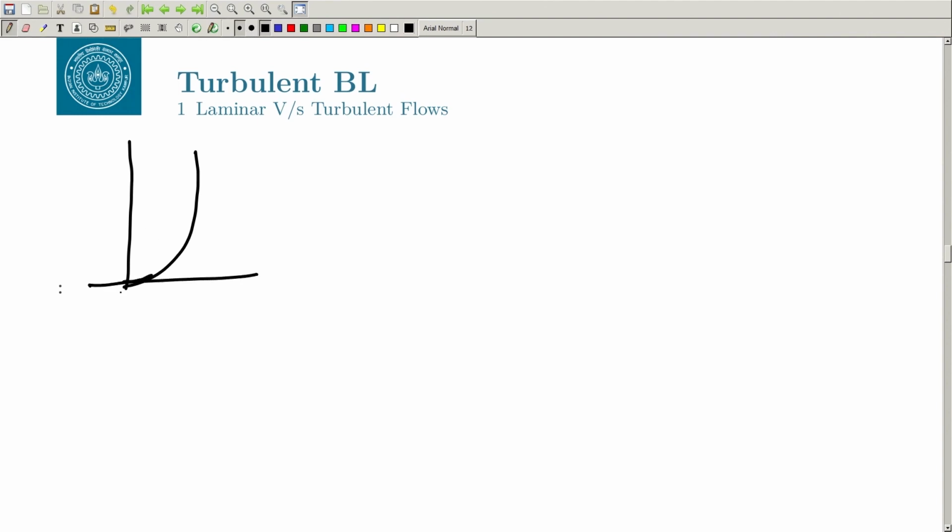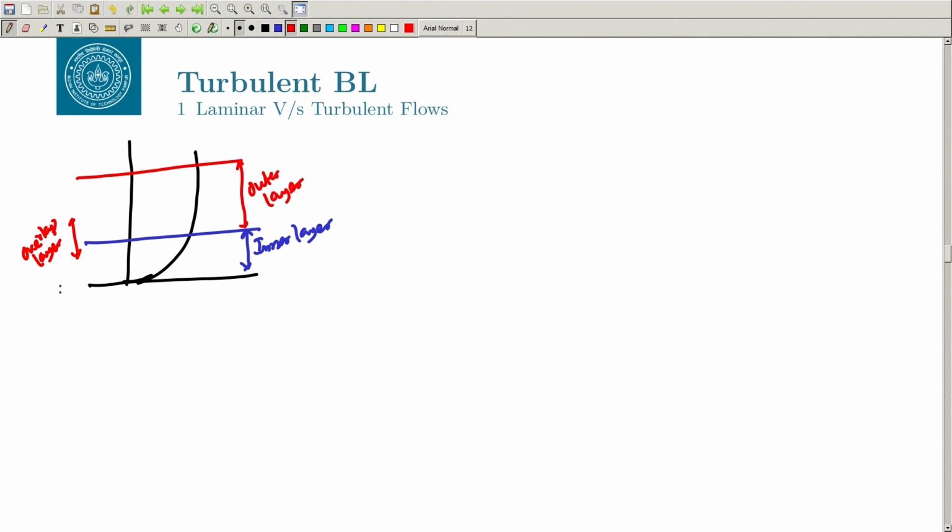This is very important: your velocity goes to 0 at the wall, and we will have the inner layer in this region, where the viscosity effects are important, and we will have the outer layer here, and in between we will have the overlap layer. And this is the outer layer.